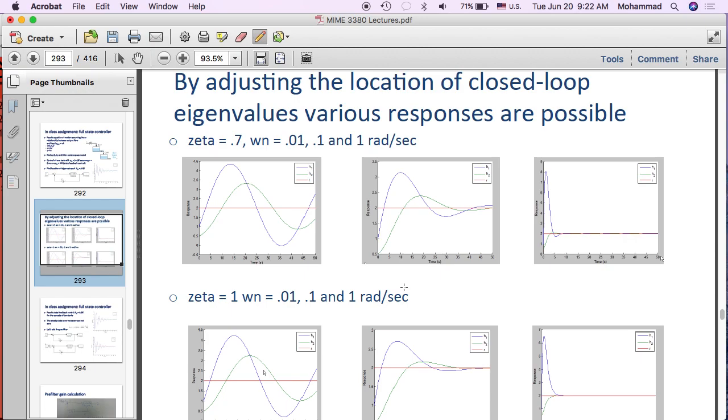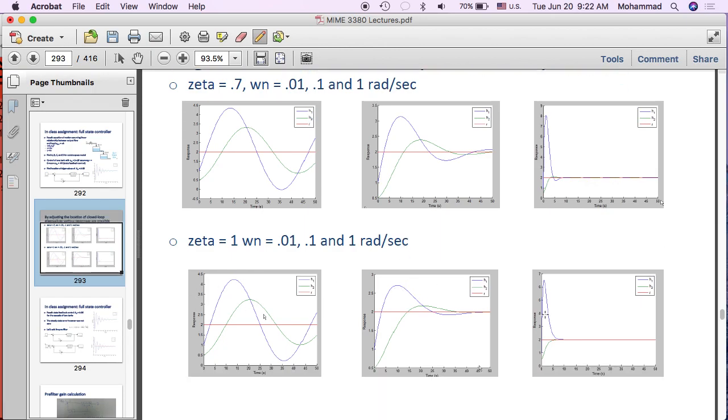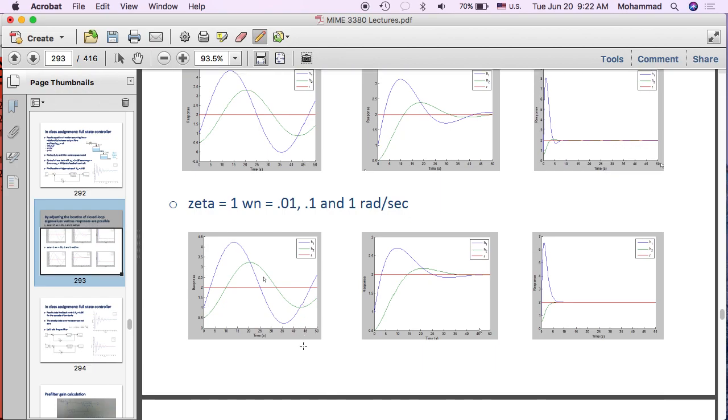The two plots are plots of H1 and H2. As omega n increases, the speed of response increases. So from left to right, the system becomes faster with the same value of zeta. If you go to another value of zeta and repeat, of course, you have a different set of responses. For each of these cases, we have calculated a different set of k's and resimulated the system.